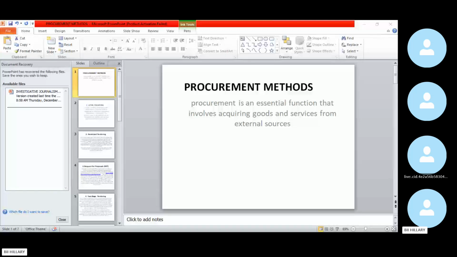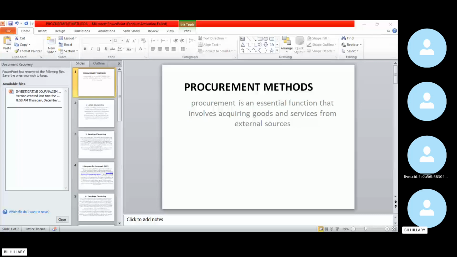Okay, I hope you can see my screen. Can you see? Yes, sir. Okay, so on my screen, you can see we are going to learn about procurement methods.